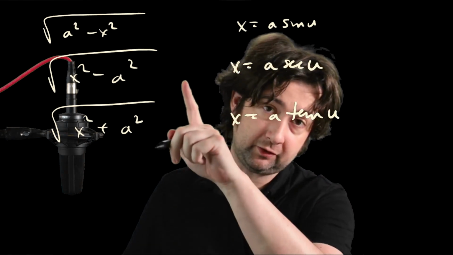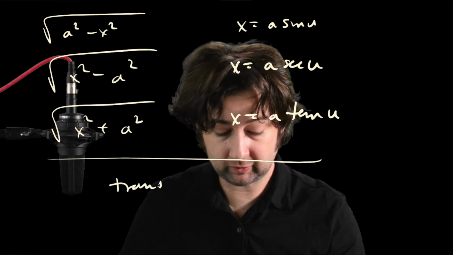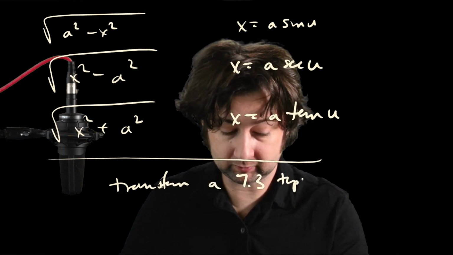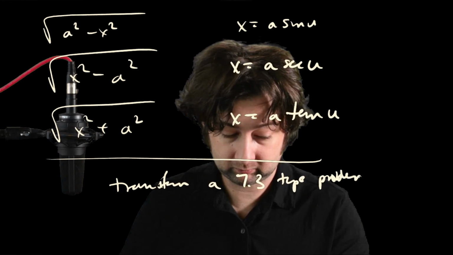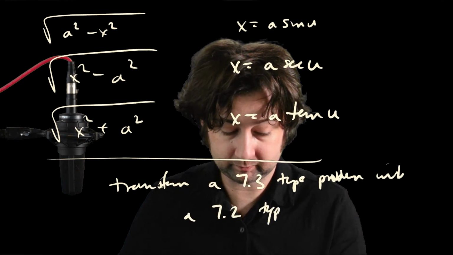One, so that we can kill the square roots off, and two, so that we can transform a 7.3 type problem into a 7.2 type problem.